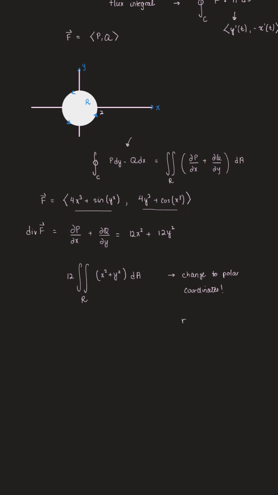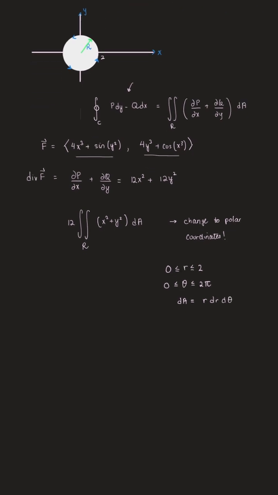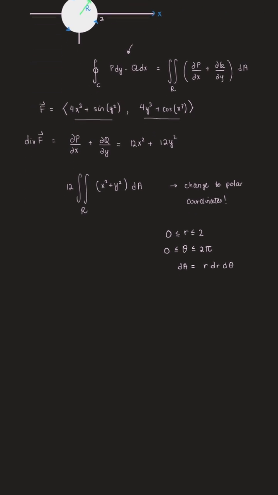So we know that r is going to go from 0 to the radius, which is 2, and we want to integrate over the entire circle, theta from 0 to 2 pi. And we know that our area element will be r d theta for polar coordinates, and that represents the area of that polar rectangle. And so we're ready to set up our integral.